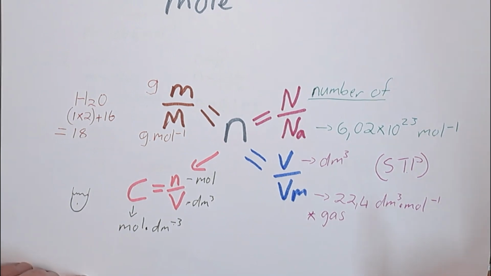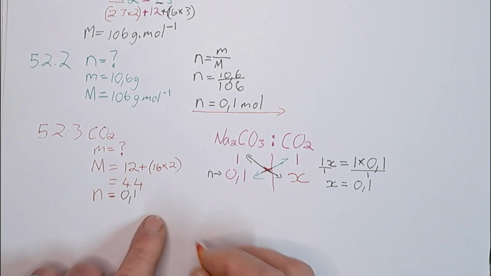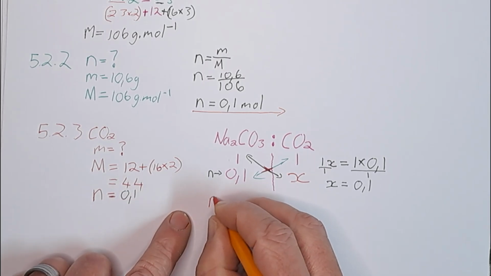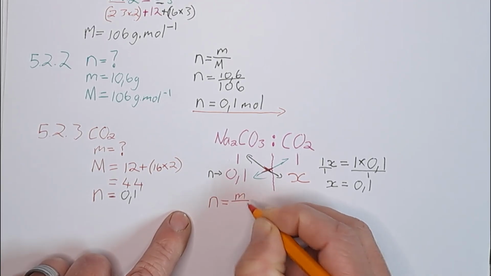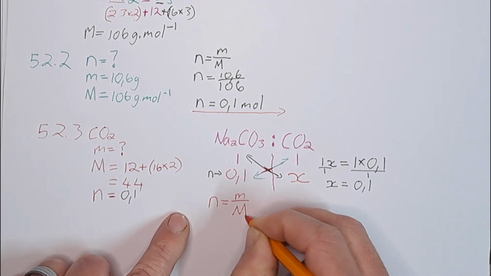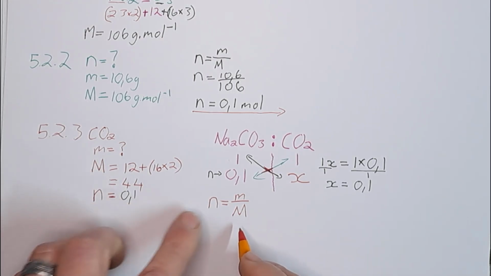So we're going to use exactly that same formula as previously: mole equals mass over molar mass. Remember, you have to write your formula as it is on the formula sheet. I advise that you first substitute. So we're first going to substitute mole.